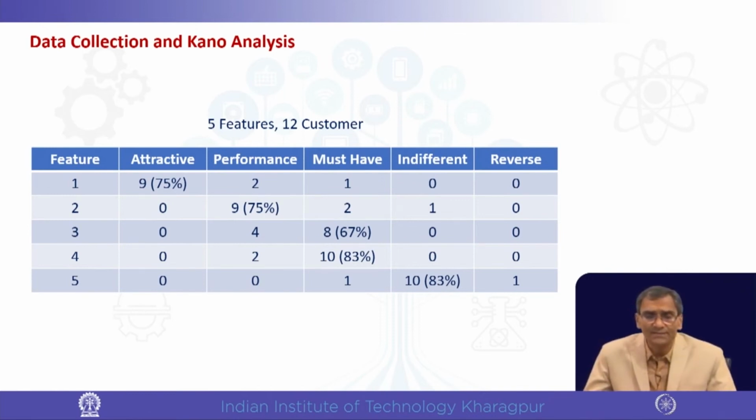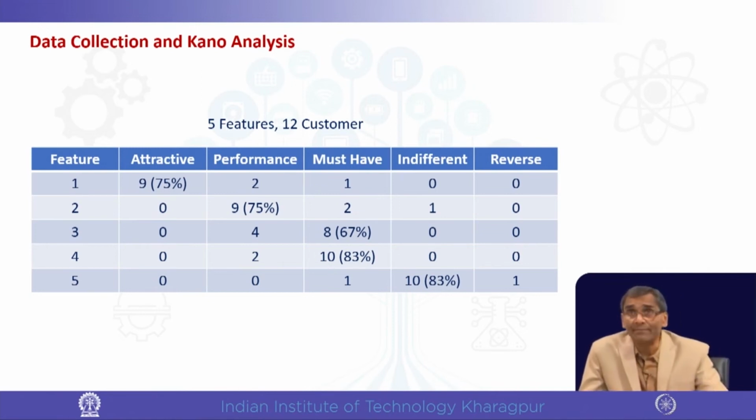For feature 3, 8 is must have, and 4 is performance. For feature 4, 10 is must have, 2 is performance. And for feature number 5, 1 is must have, 10 is indifferent and 1 is reverse. Reverse, however, does not come in the computation of the extent of satisfaction, which we will see now.